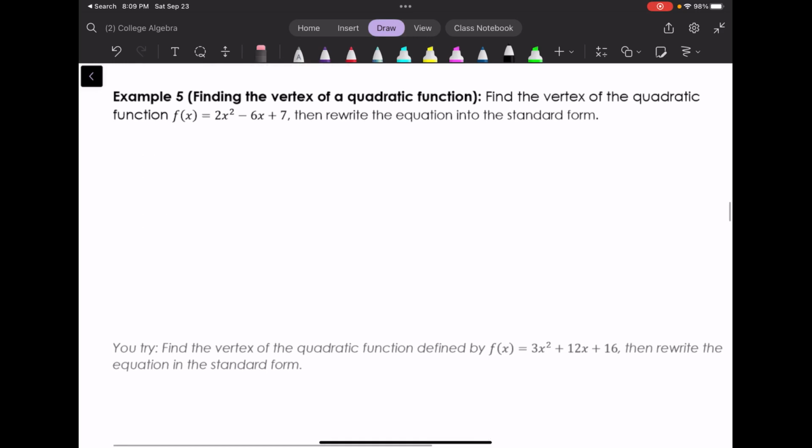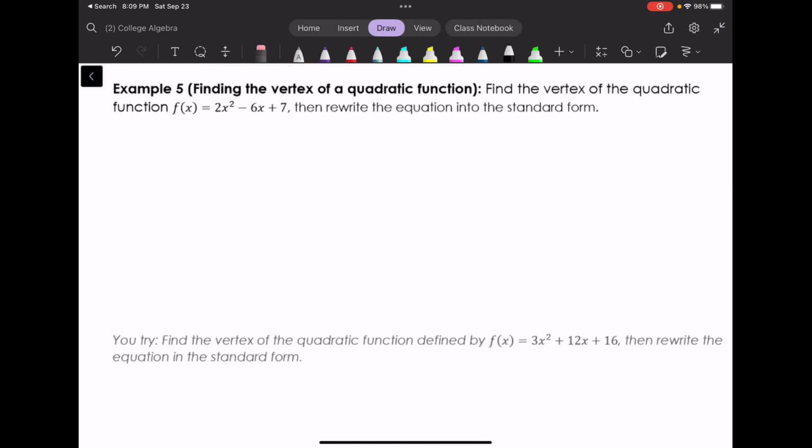Example number 5 says to find the vertex of this function, then rewrite the equation into the standard form, which is very similar to what we just did, except we're going to write it in the standard form, which is the vertex form.